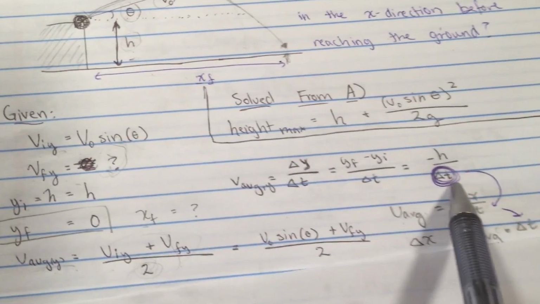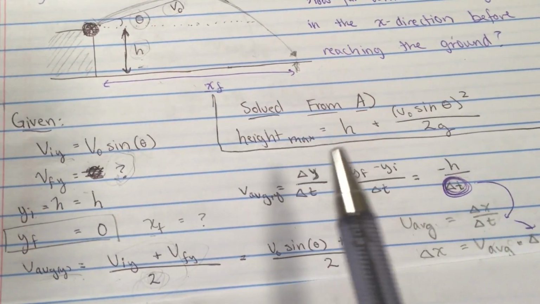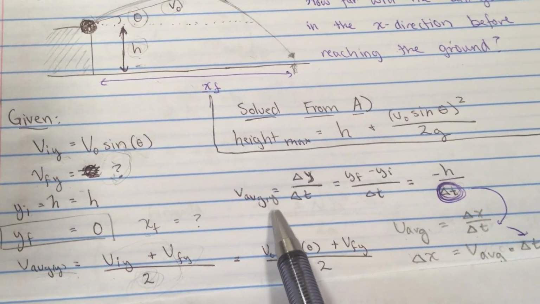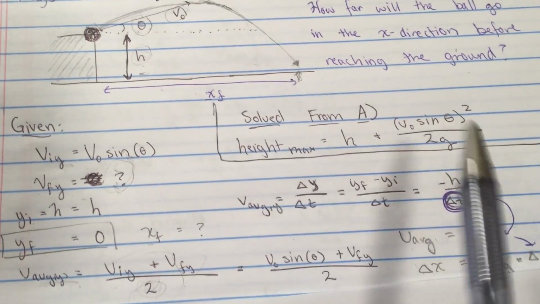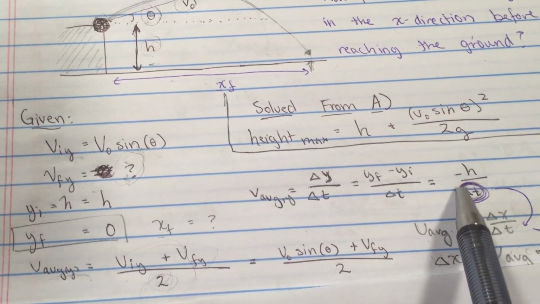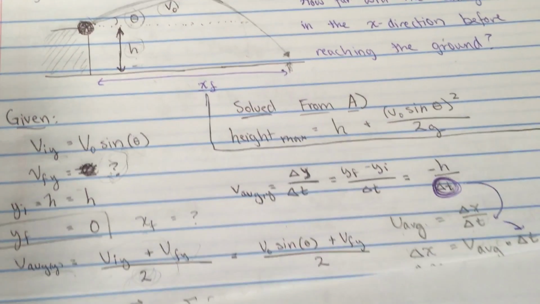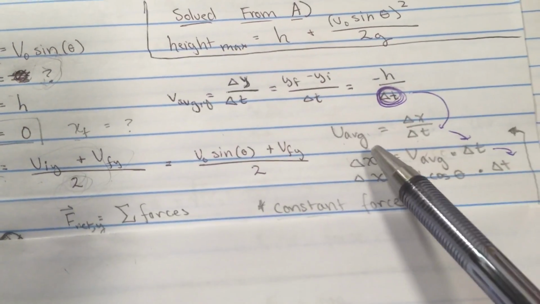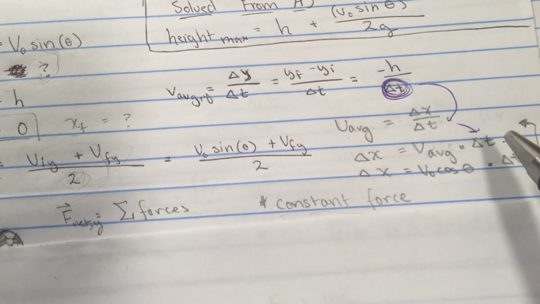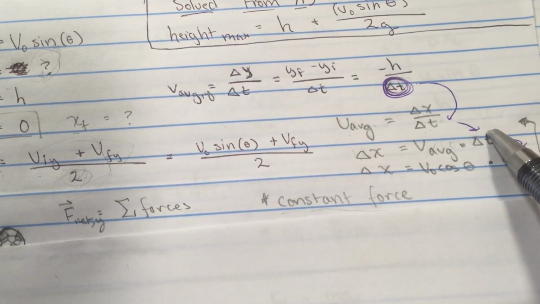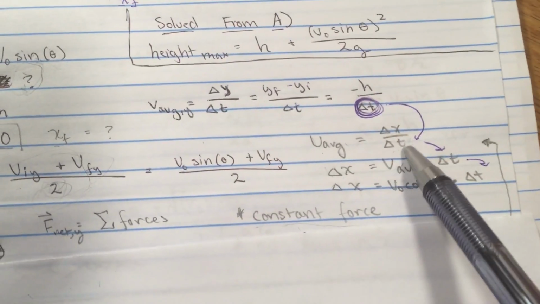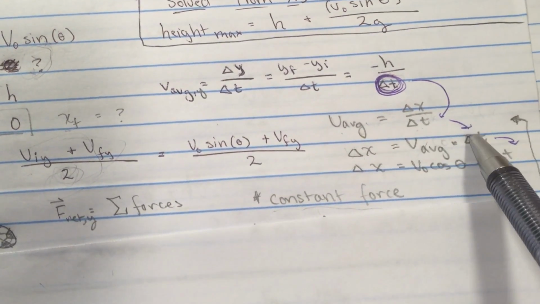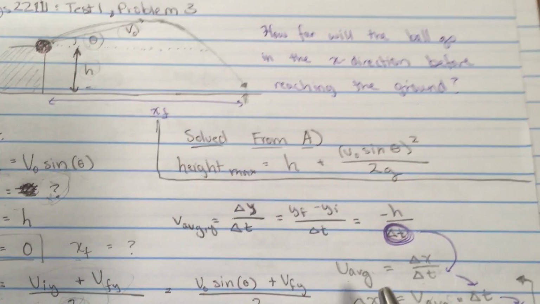The main focus of calculating the average velocity in the y is because we're finding delta t, which we would ultimately plug into the average velocity in the x direction, which is equal to delta x over delta t. And now that we know delta t, we can find the change in x, which is what the problem is asking for.